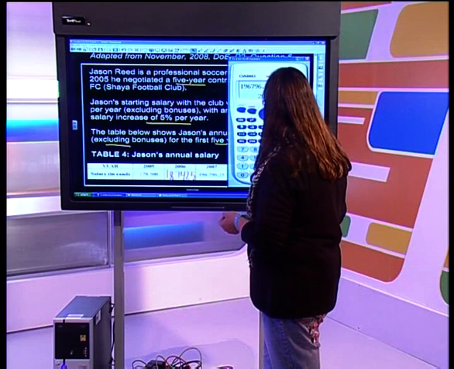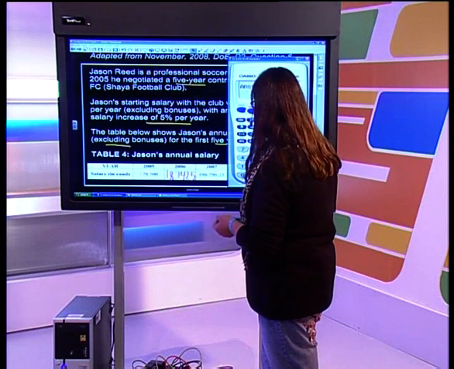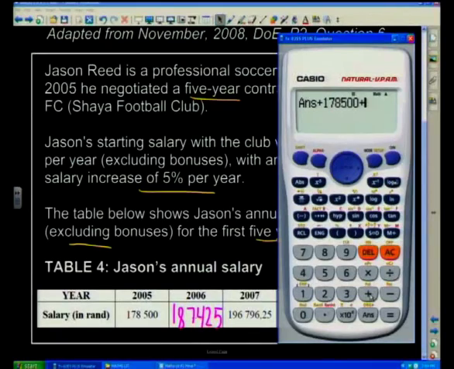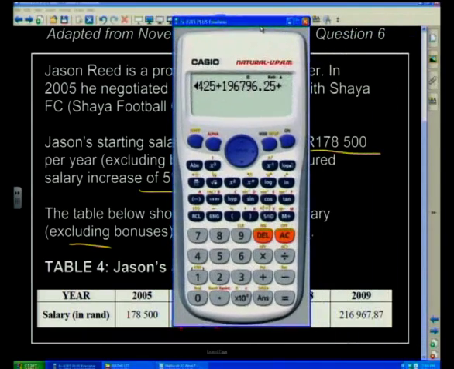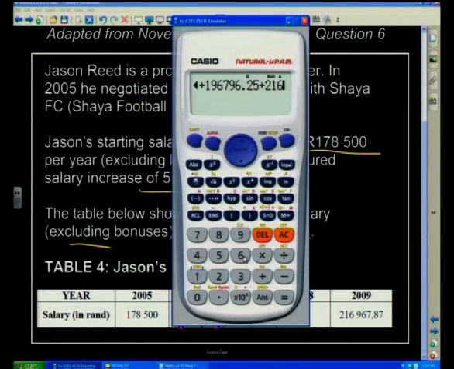So now add to that 178,500 plus 187,425 plus 196,796.25 and plus the last year, let's move our calculator for a second, 216,967.87. I think I'm in the wrong profession.